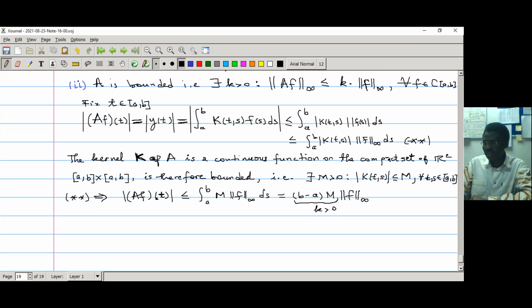That is our k. But you see, this t is fixed, it's arbitrary.